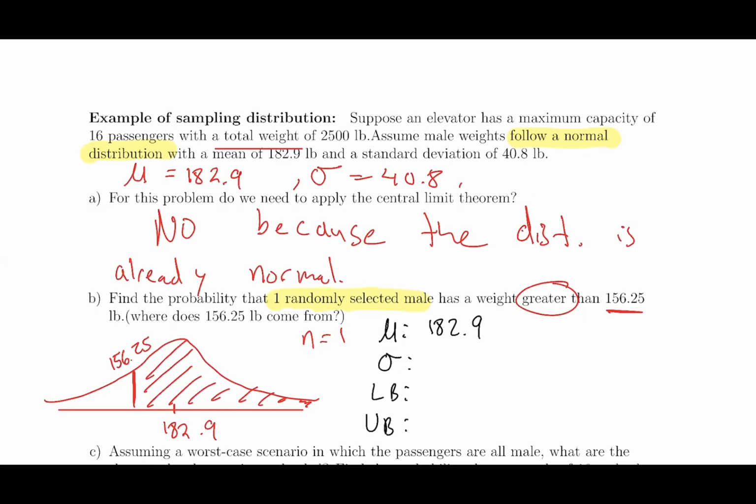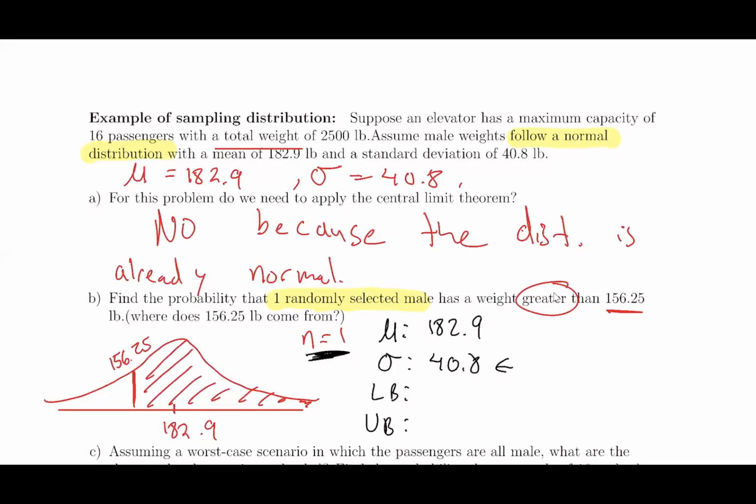Yeah, so you get sigma 40.8. For this one, what will be my lower bound?